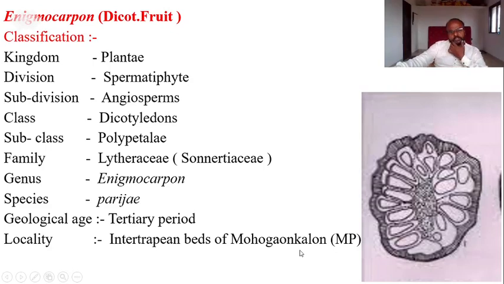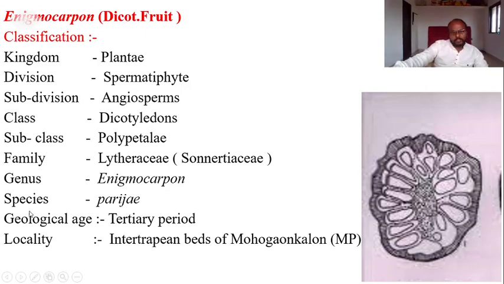The next specimen is not a plant but only an organ, the dicot fruit, or dicotyledonous fruit, called Enigmocarpon. The name indicates that enigmo means problematic. The classification or nature of this fruit is problematic, therefore the scientists gave the name Enigmocarpon.